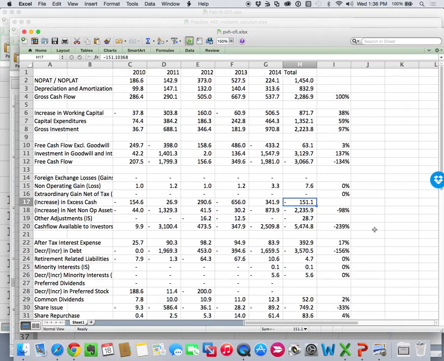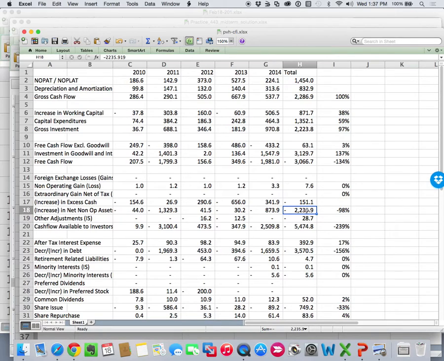So they probably had to borrow some money. They also spent $2 billion on non-operating assets, right? Investments in other businesses that they didn't wholly own, etc. So when you throw that in there, they had negative $5.4 billion of cash flow available to investors.